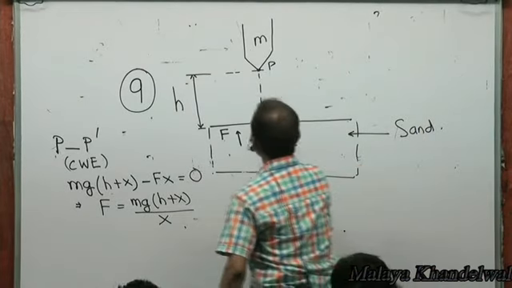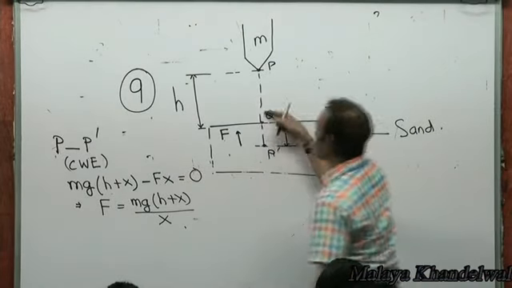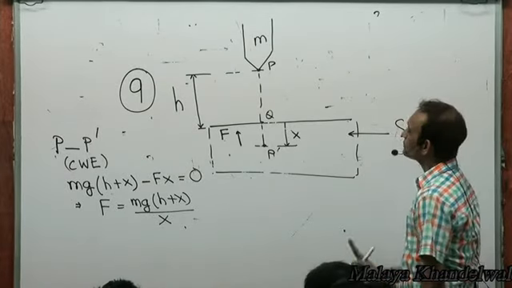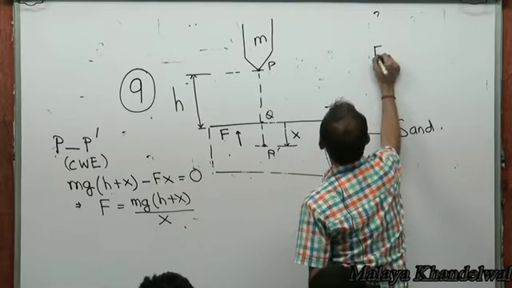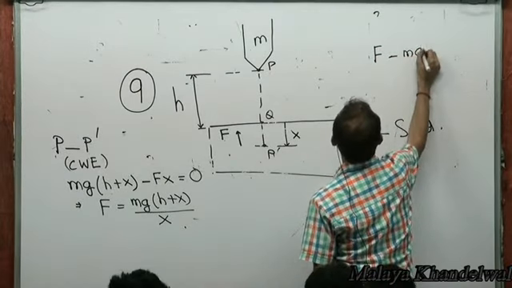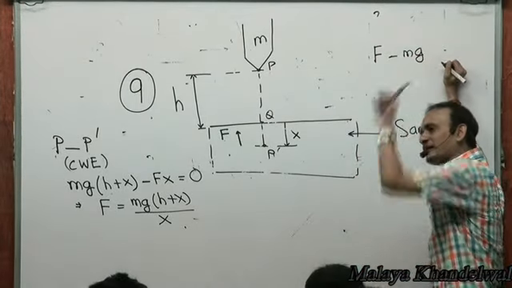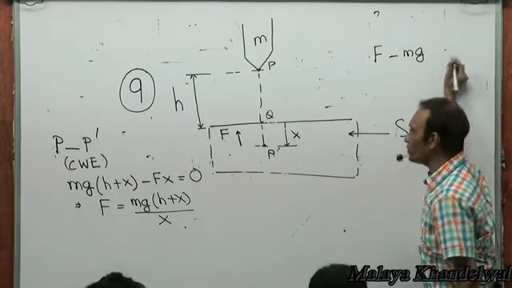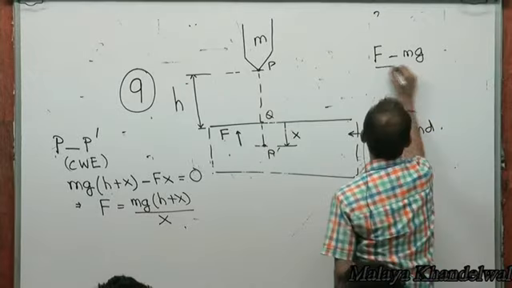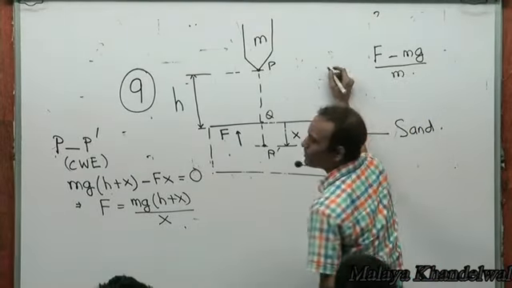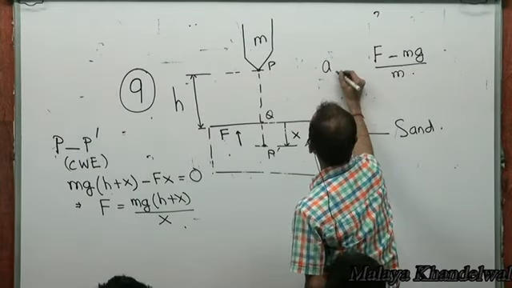Now, during this journey from Q to P prime, there is F acting upwards, there is mg acting downwards. So F minus mg is the net upward force acting during this journey from Q to P prime. This divided by m is going to give me the retardation during this journey.